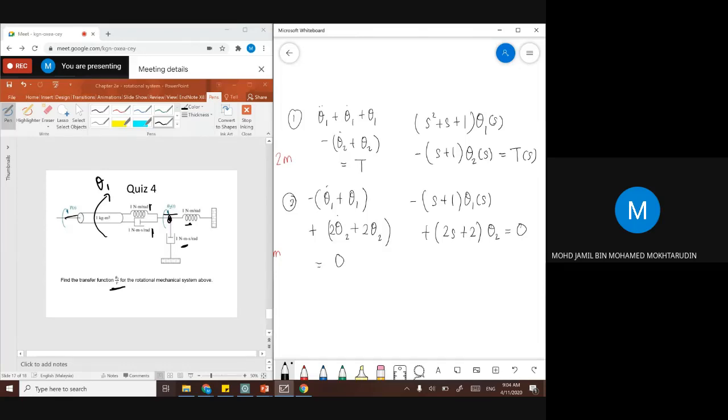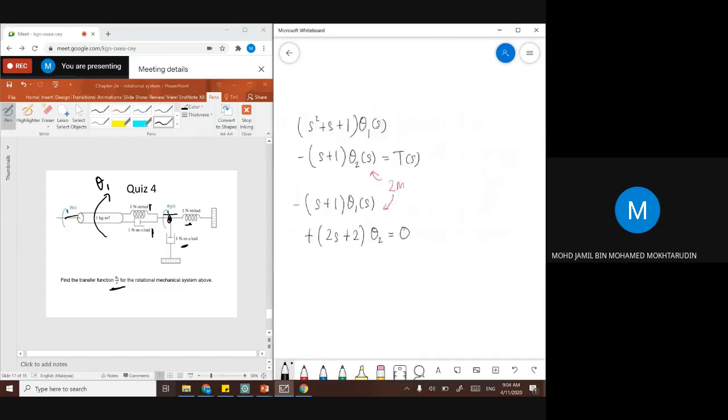Okay, so ni 2 markah. Okay, satu atas, satu bawah. Okay, and then boleh tulis dalam matrix.